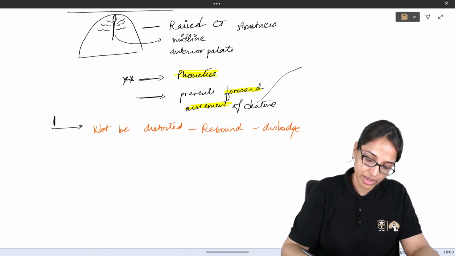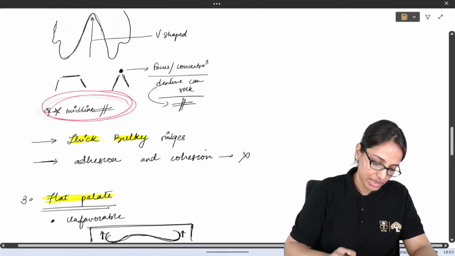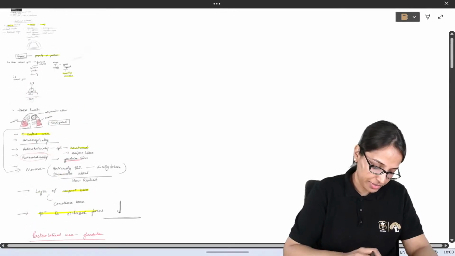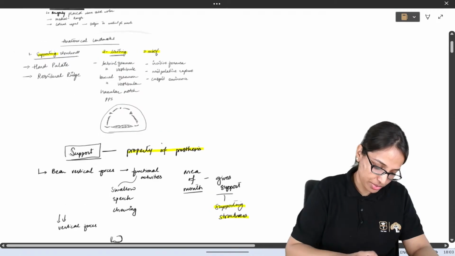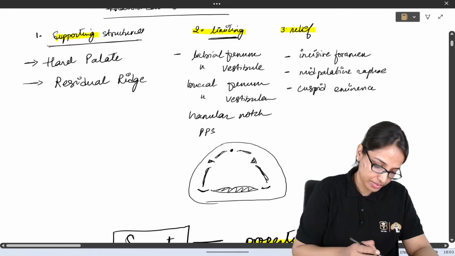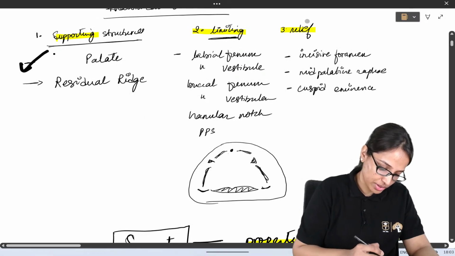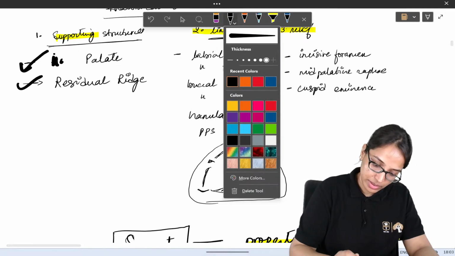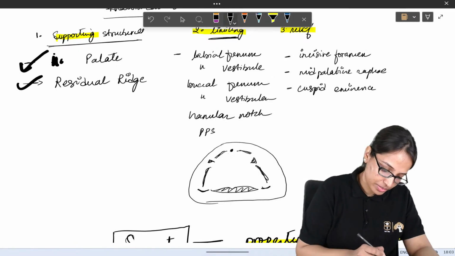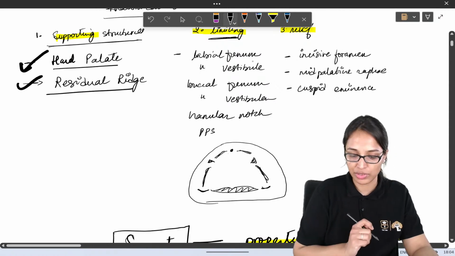So all in all, we have covered our supporting areas of the maxilla pretty nicely. We discussed the property of support, we saw our hard palate, and we saw our residual alveolar ridge.